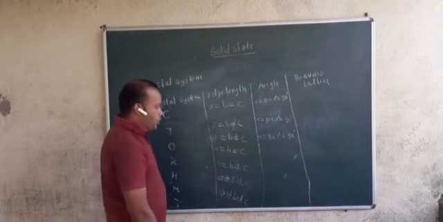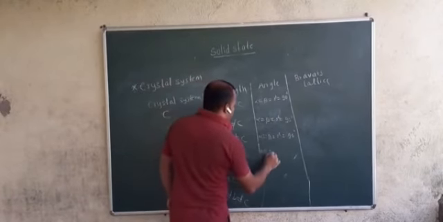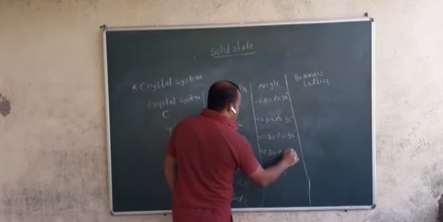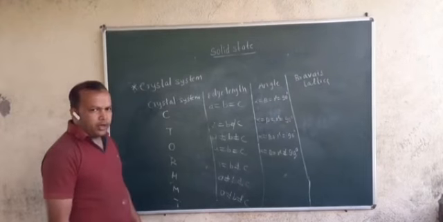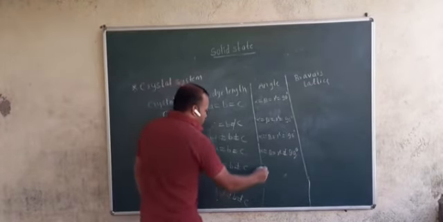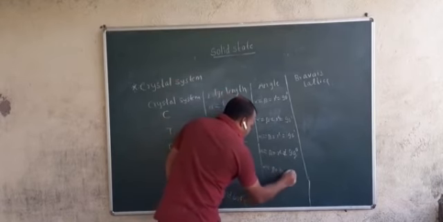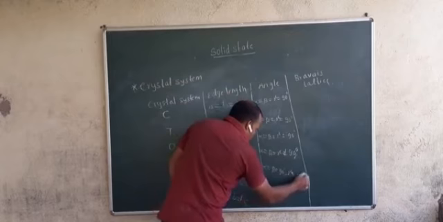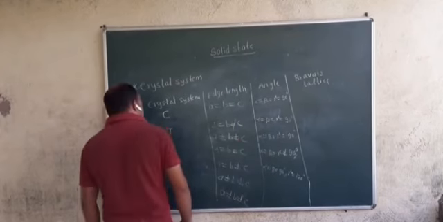Okay, the fourth you need to remember is alpha is equal to beta, beta is equal to gamma, gamma is not equal to 90. So total 4 finished. Fifth one, alpha is equal to beta is equal to 90, but gamma is 120.